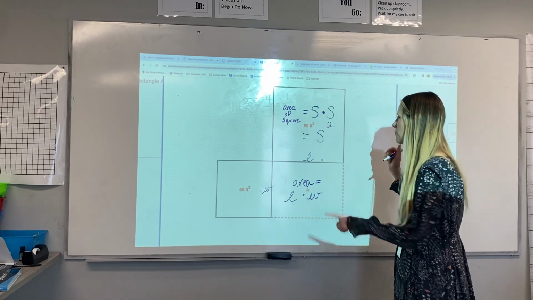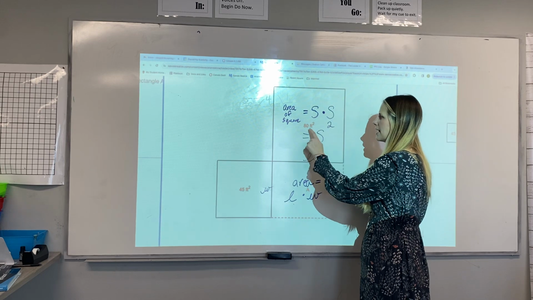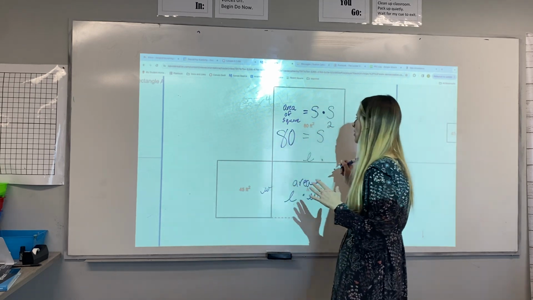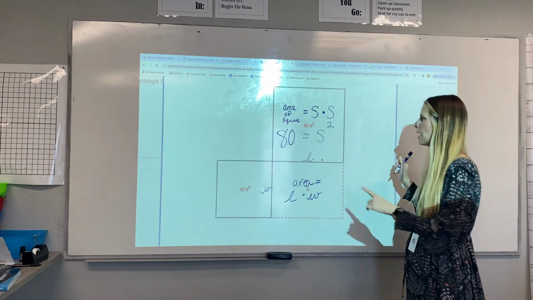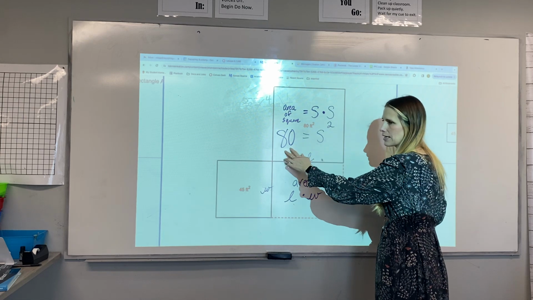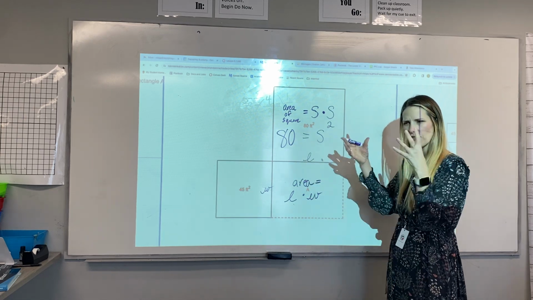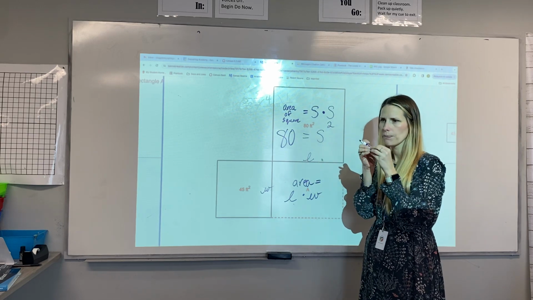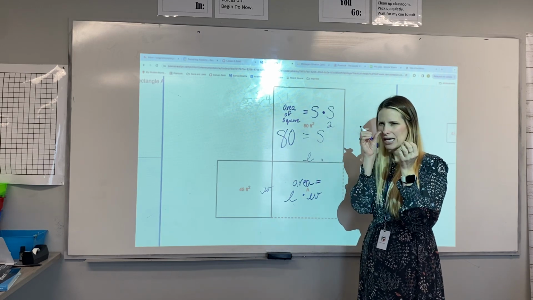Okay, so if the side squared is going to give me 80 feet squared, that means a number times itself gives me 80. Is 80 a perfect square? Is there a whole number that you can multiply times itself to get 80?